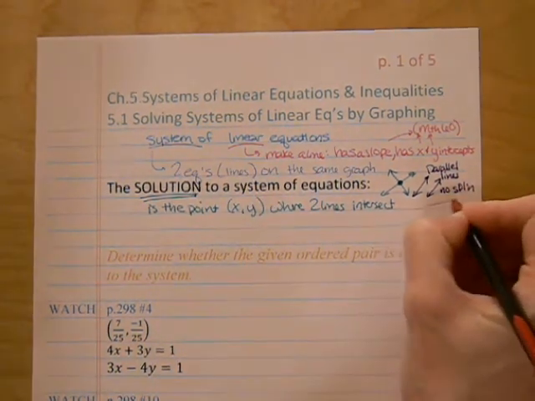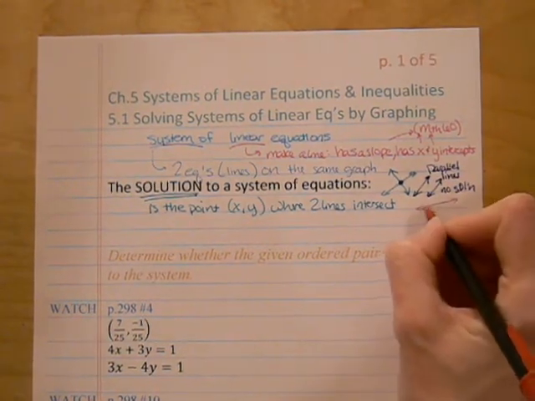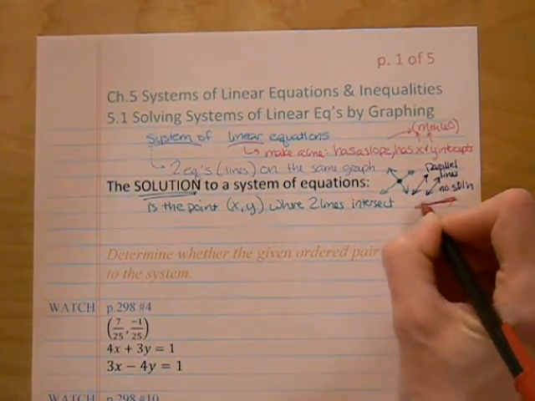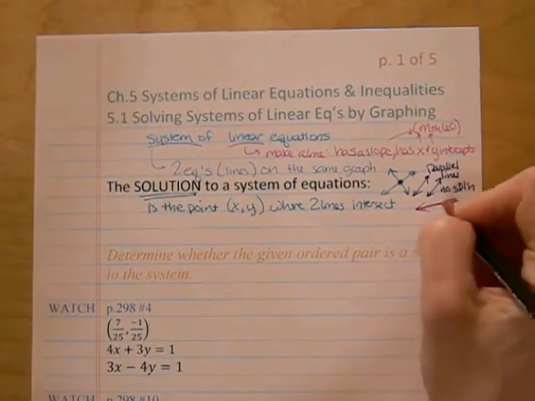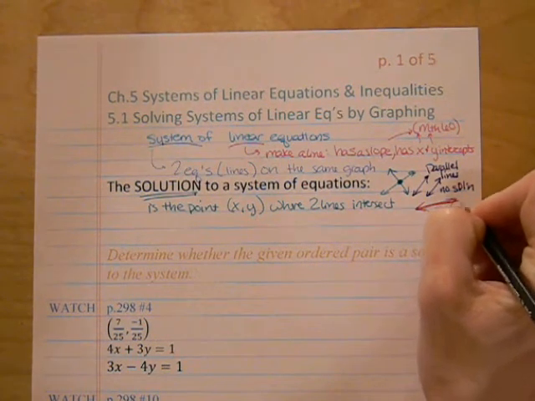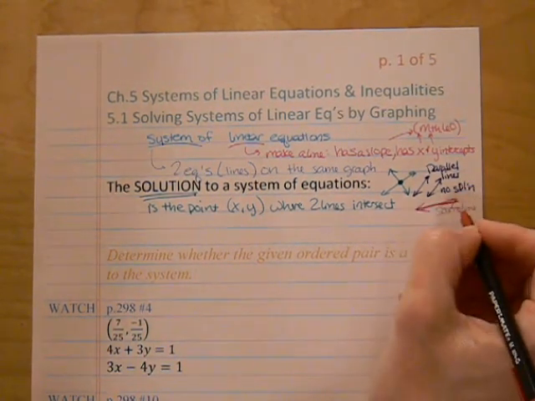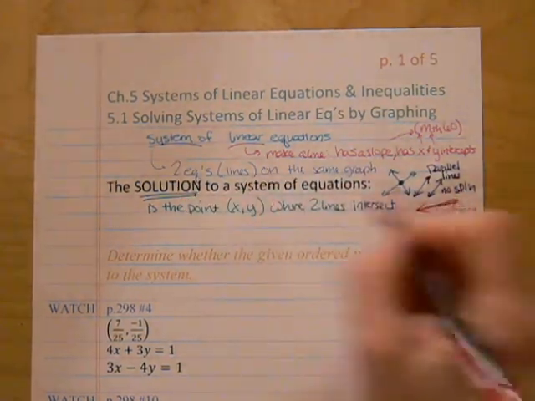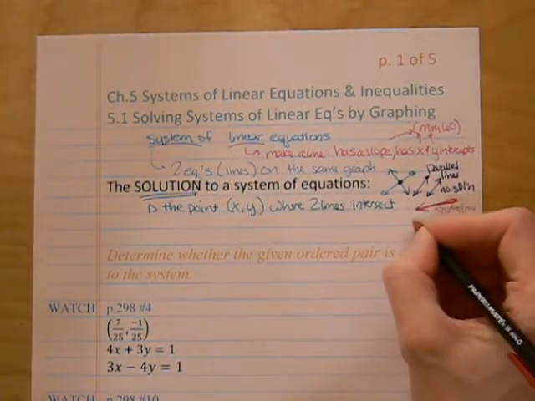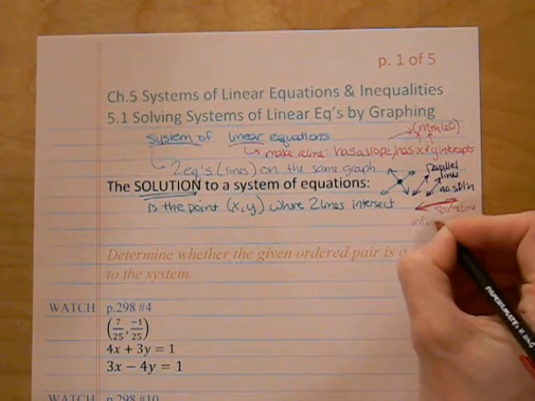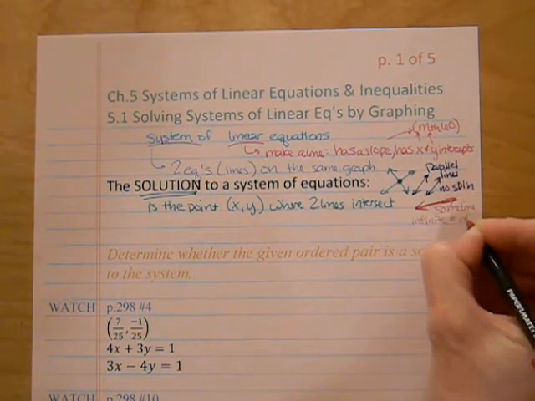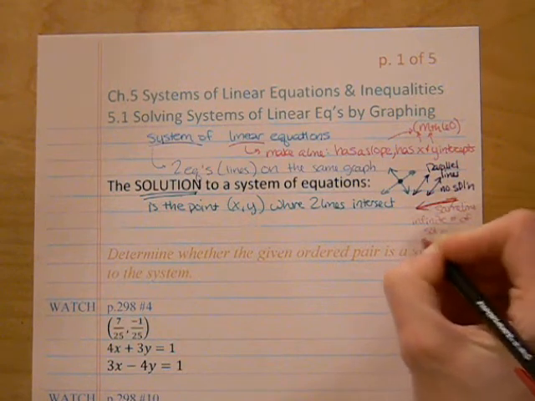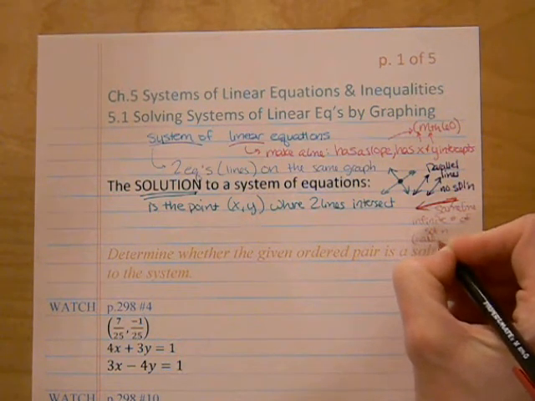The other option could be that the two lines are actually just two different representations of the same line. If they're the same line graphed on top of each other, then what works in both equations is an infinite number of solutions, which means it's all the points on the line.